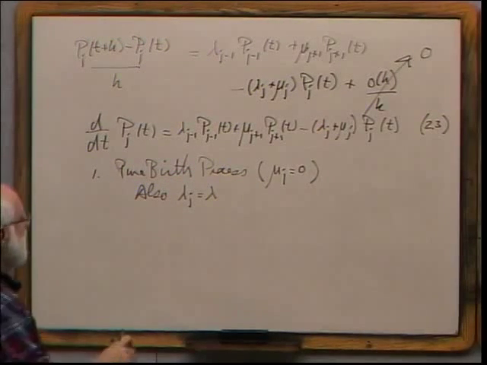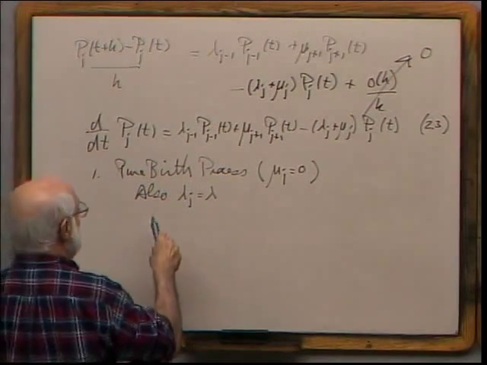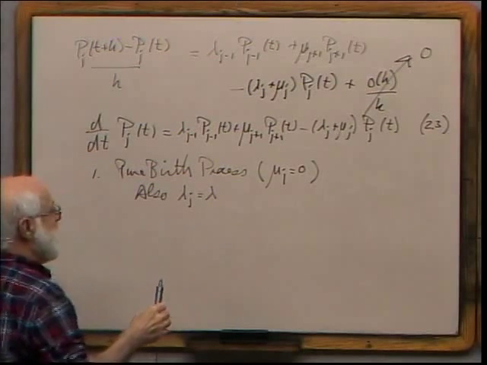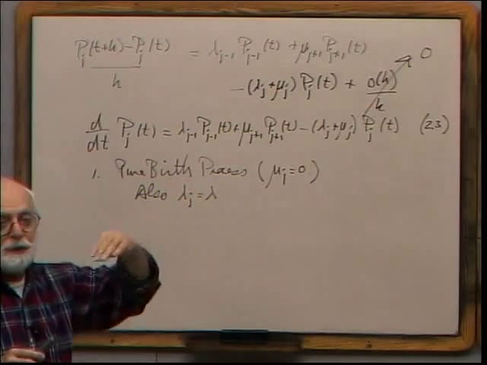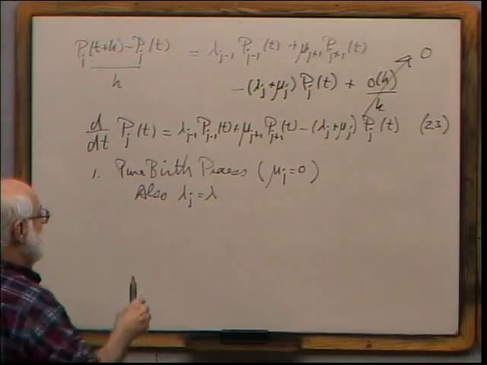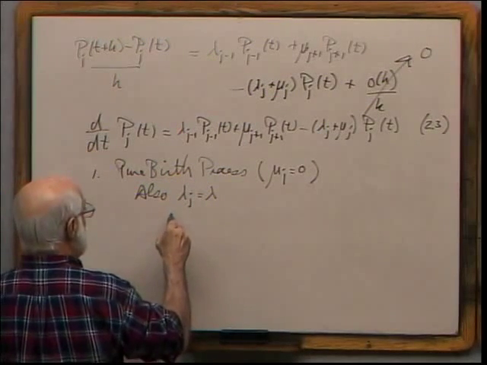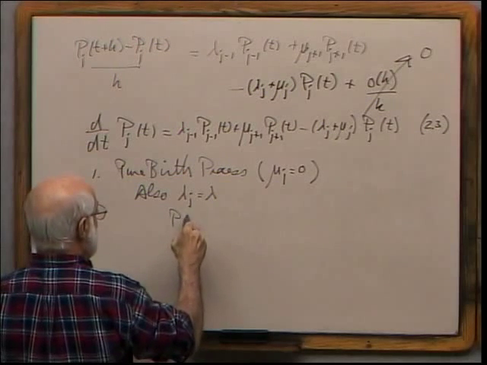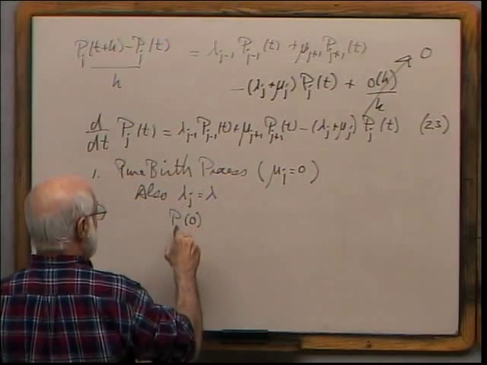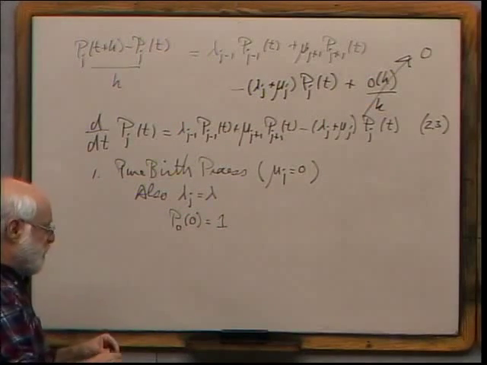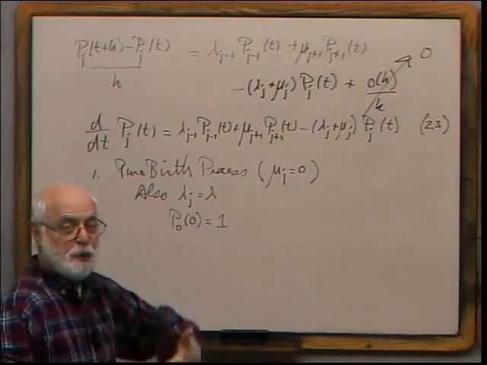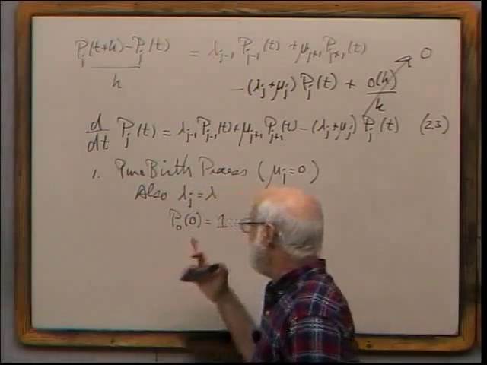The initial condition I'm going to assume here is that at time 0, the number of births so far has been 0. In other words, I'm going to start counting at 0. So I'm going to assume that the probability that at time 0 I'm in state 0 is 1. And since the probabilities for any particular time must add up to 1, the probability of being in any other state must be 0.